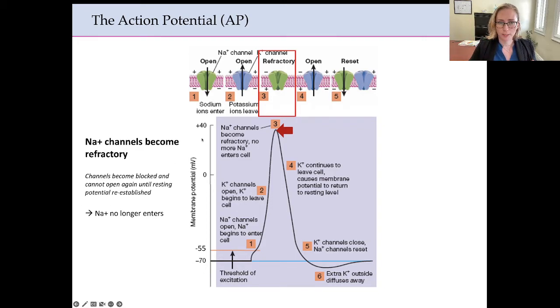So at plus 40, sodium channels become refractory. Refractory just means locked in place, closed and locked. Channels become blocked and cannot open again until resting potential is reestablished. So sodium no longer comes in, but in the meantime, what's been happening is that potassium is still leaving the cell.